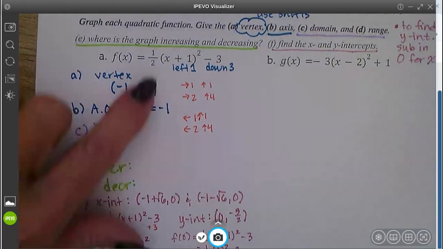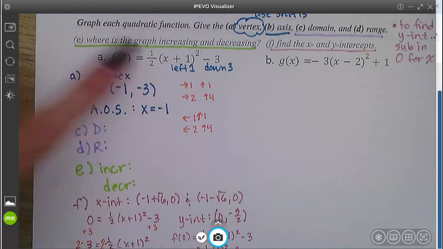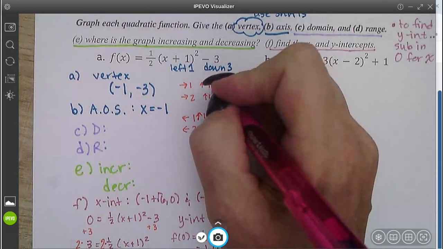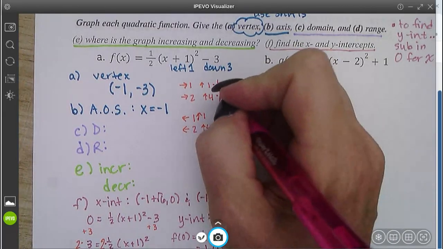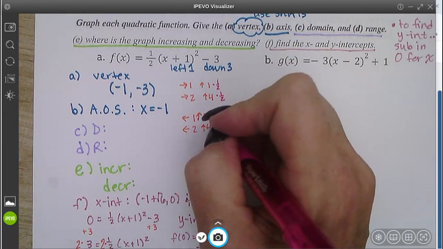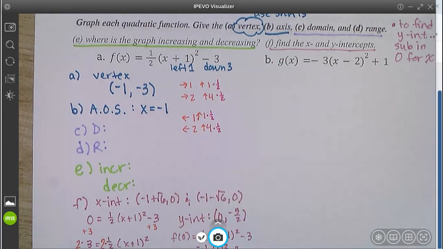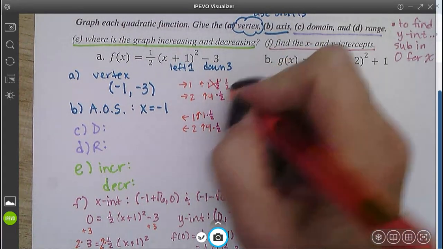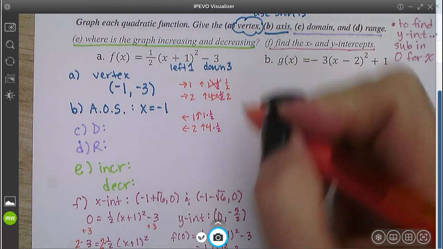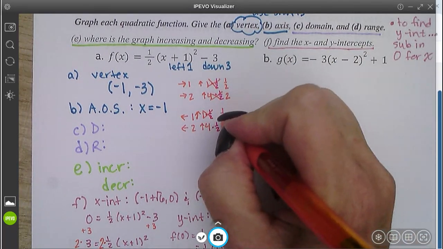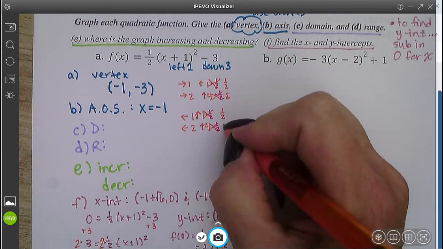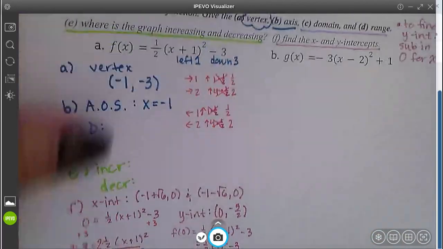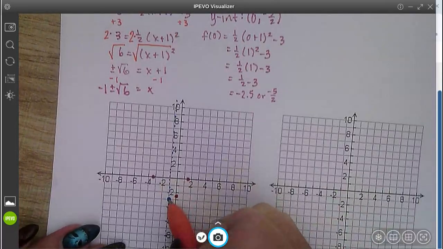But I have a compression out front, so I would need to multiply all of my ups by 1/2. So my new pattern would go over 1, up 1/2, over 2, up 2, and on the left as well. So I'll use that pattern from the vertex.